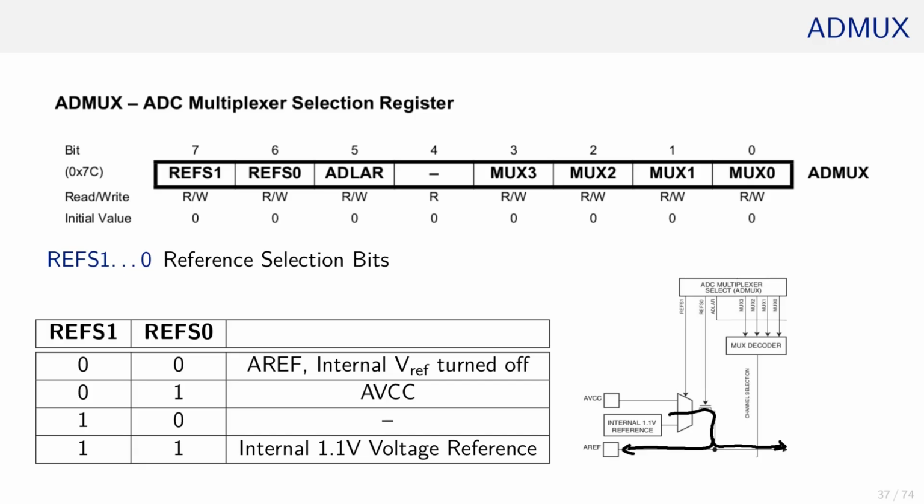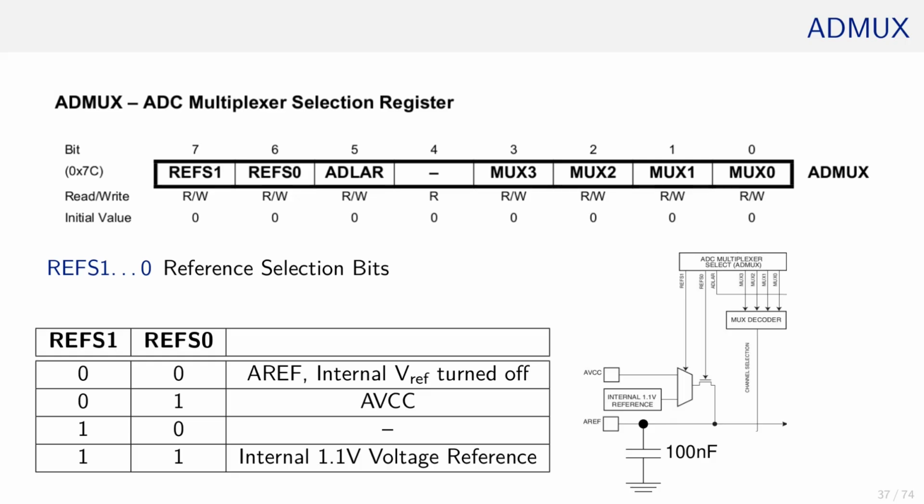That does not mean that you can hook up periphery to that 1.1 volt pin, since it is not capable of delivering a lot of current. Primarily, the purpose is to give the developer the option to measure the reference voltage. However, that is only true if AREF is not connected to anything.